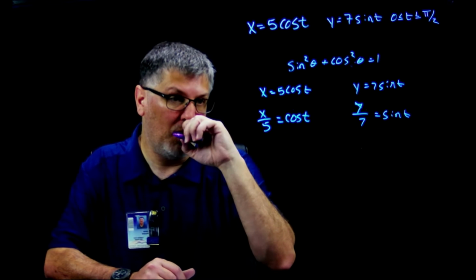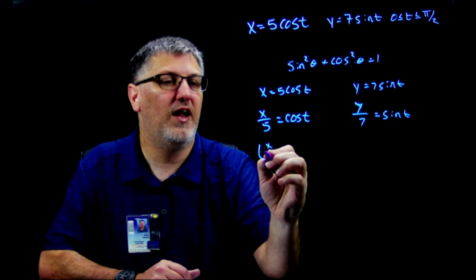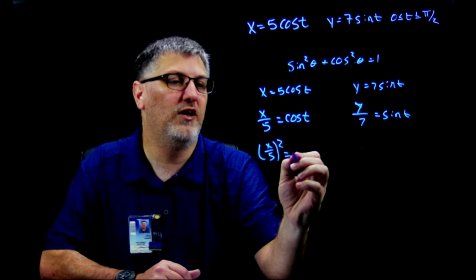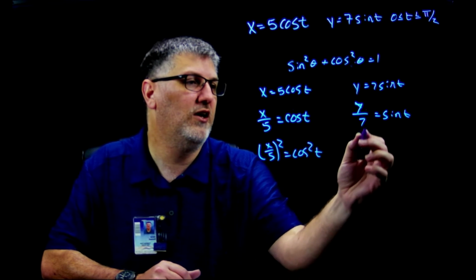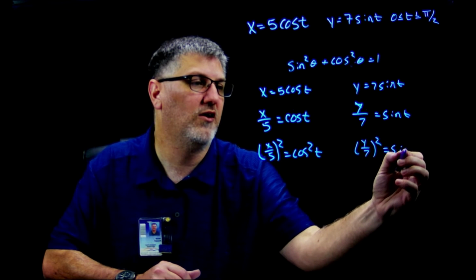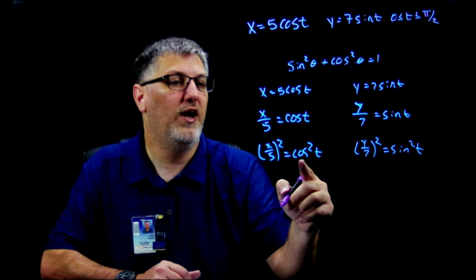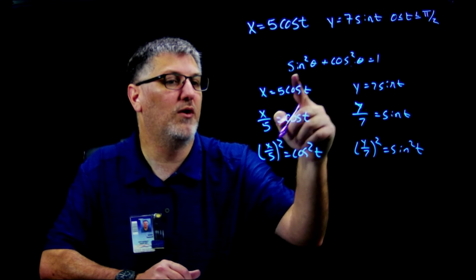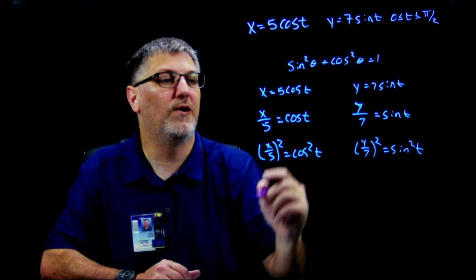I'm now going to square both sides of these, and I'm going to have x over 5 squared equals cosine squared t, and then y over 7 squared equals sine squared t. Well, hey, I have a cosine squared and a sine squared, but I know what they equal. I can just plug it in.